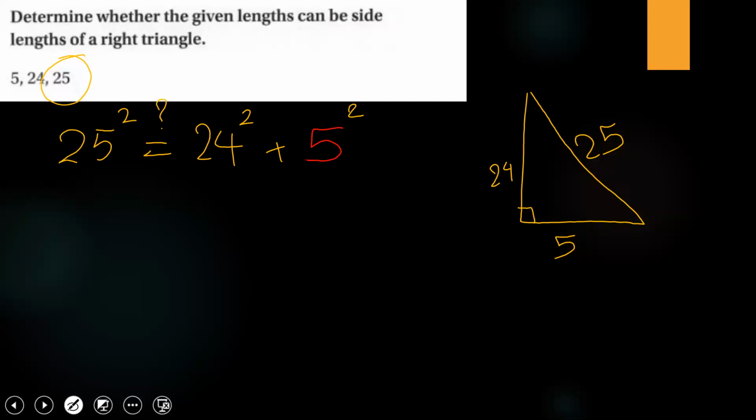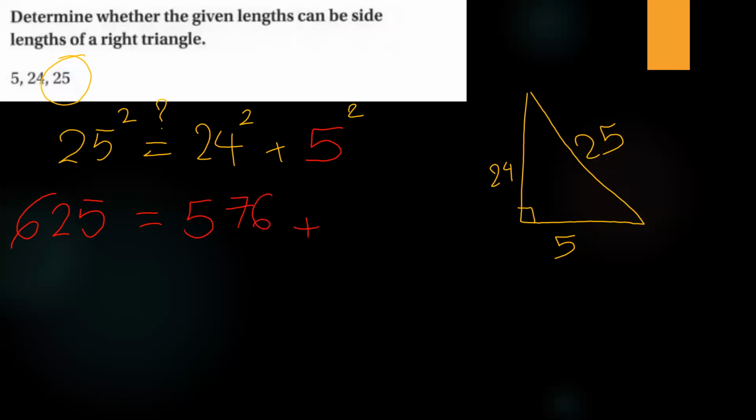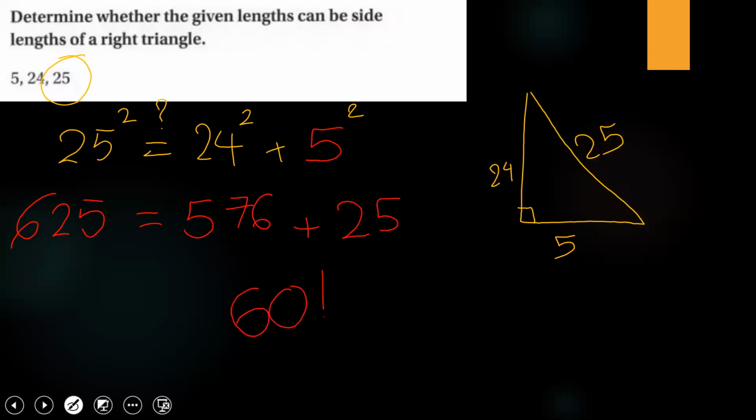Now 25 squared is 625. And 24 squared is 576, plus 25. Let's now add them. 576 plus 25, what is it? 601.